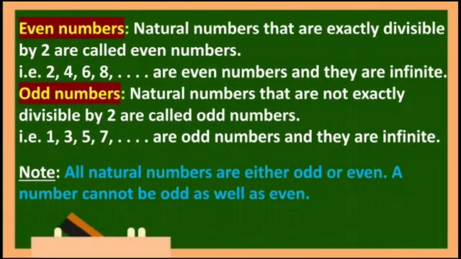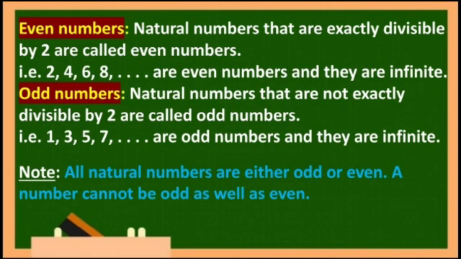Now, let's discuss even numbers and odd numbers. Any natural number which is exactly divisible by 2 is an even number. For example, 2, 4, 6, 8, etc. These numbers are exactly divisible by 2 without leaving any remainder.